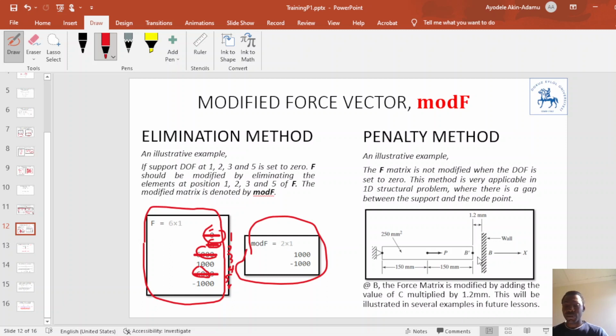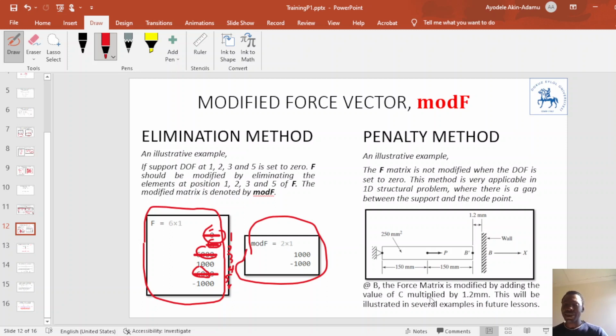Like in this example, at node B, there is a gap between the support and node B, a 1.2 gap. So the force vector is modified by adding the value of C, which is the large stiffness. C is defined as the maximum element in the global stiffness matrix multiplied by 1000. That is what C is.